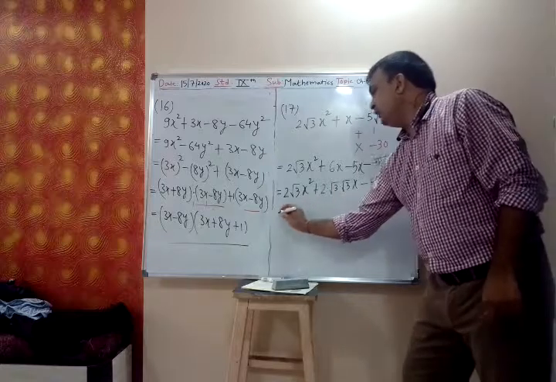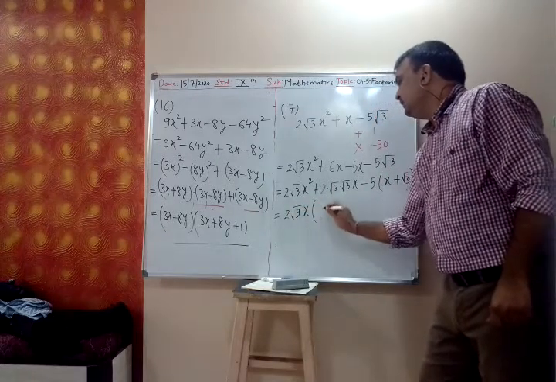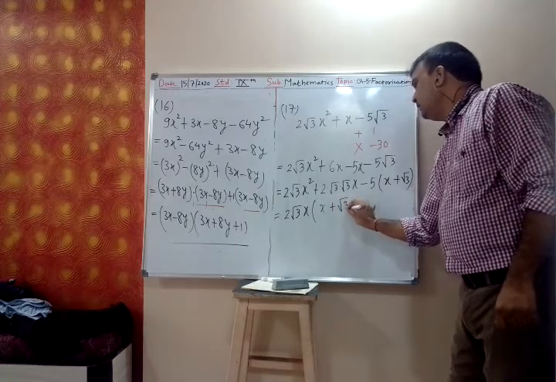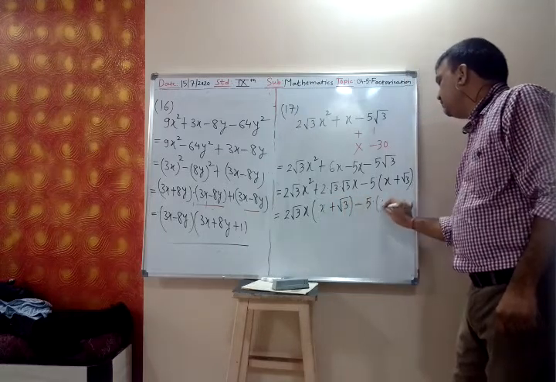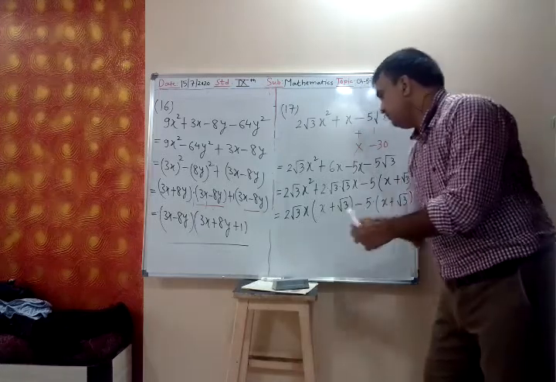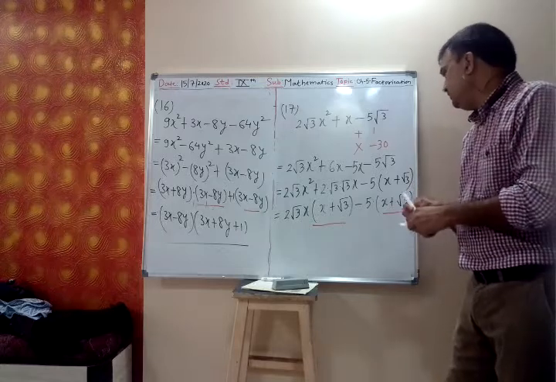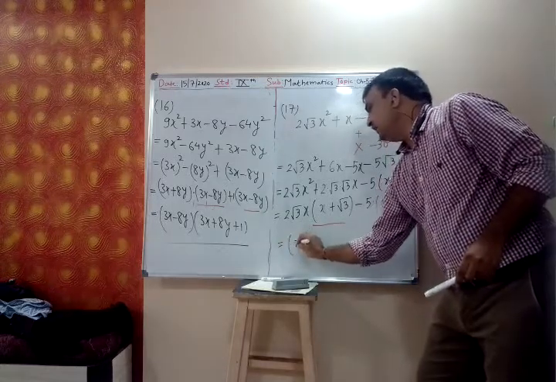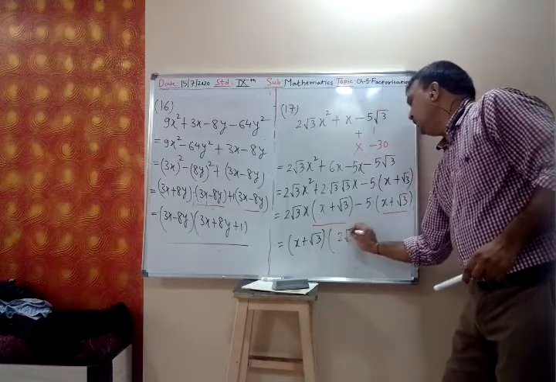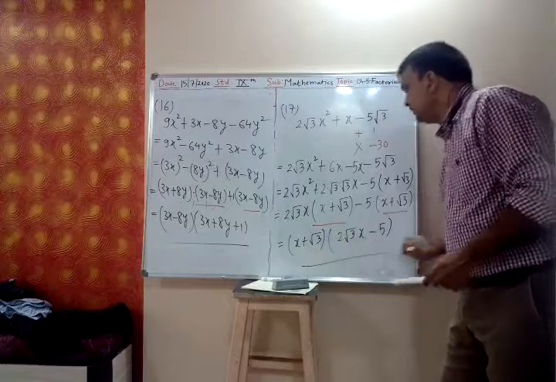Now first two, what is common? 2 root 3 x is common, then it is x plus root 3. Minus 5 into x plus root 3. Now x plus root 3 is common. So that is x plus root 3 into 2 root 3x minus 5, and this is the answer.